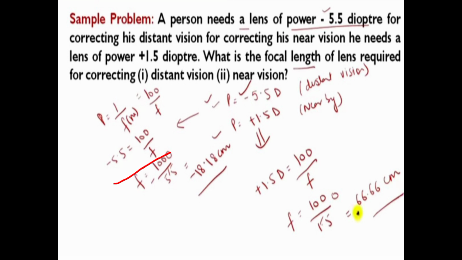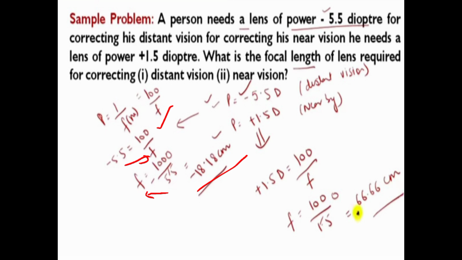So f is equal to 100 divided by 5.5. The point is removed, so one more 0 is added beside 100. So our answer is minus 18.18 centimeter. That is the focal length. We are finding the focal length in centimeters, so that's why we have taken 100 here. If you want to find it in meters, then you can keep 1 here as it is.